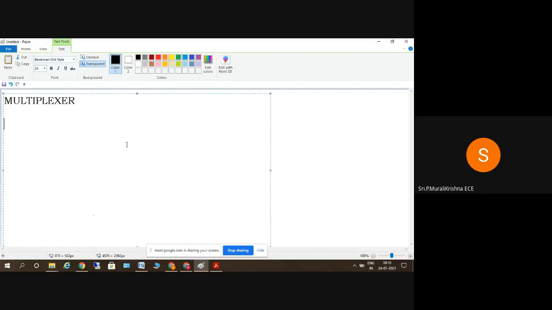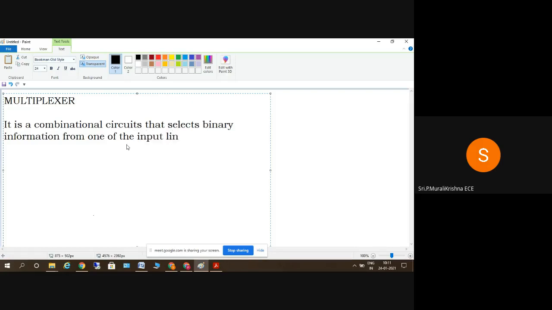So first of all, we'll see the definition of a multiplexer. A multiplexer is a combinational circuit that selects binary information from one of the input lines and directs it to a single output line.